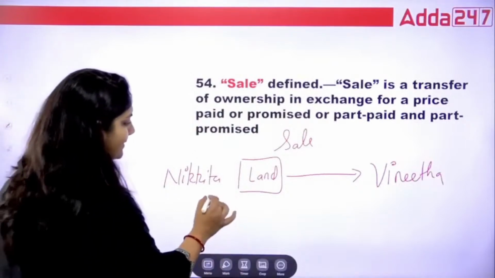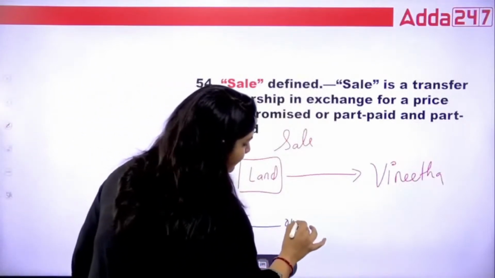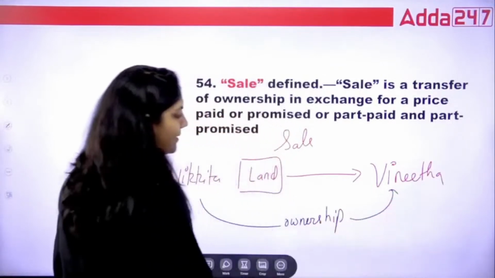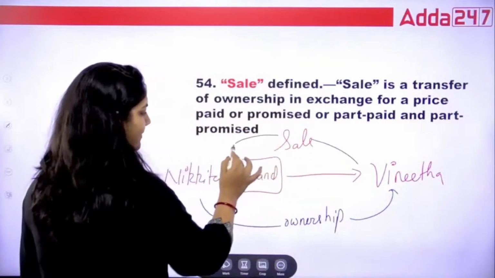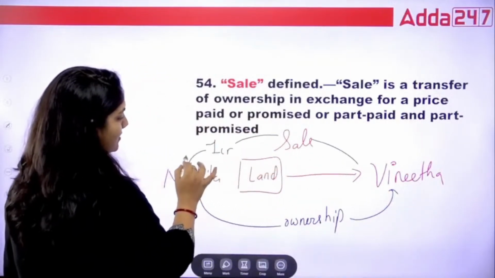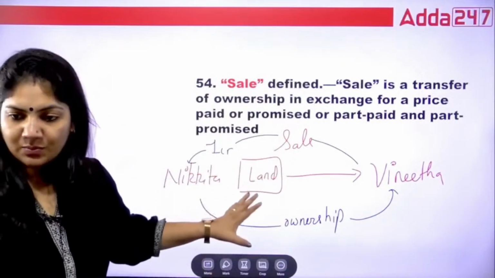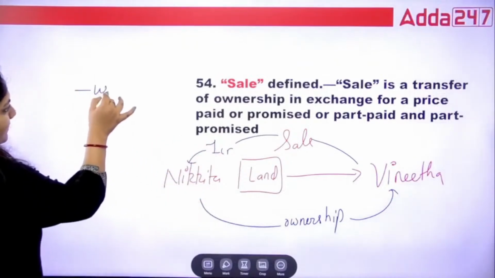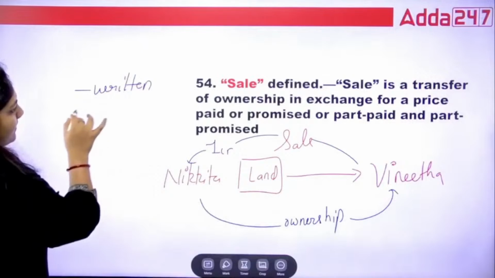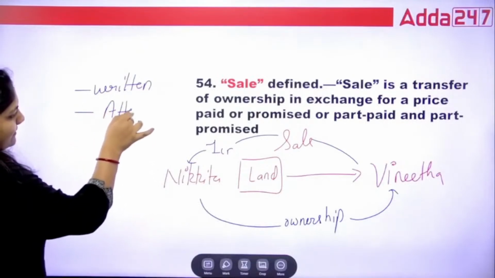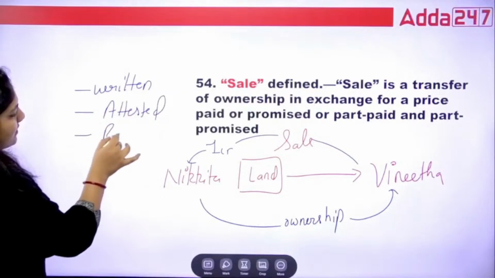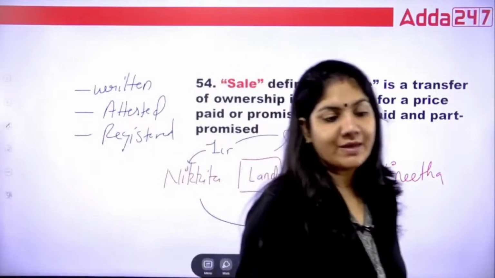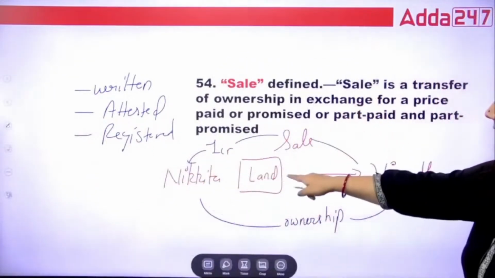Nikita ma'am is transferring the ownership to Vinitha ma'am, and for that Vinitha ma'am is giving 1 crore rupees, because the price of the land is 1 crore rupees. So this is called sale, and for that sale it should be in written form, it should be attested, it should be registered. These are the important things that we have to do while selling any immovable property.